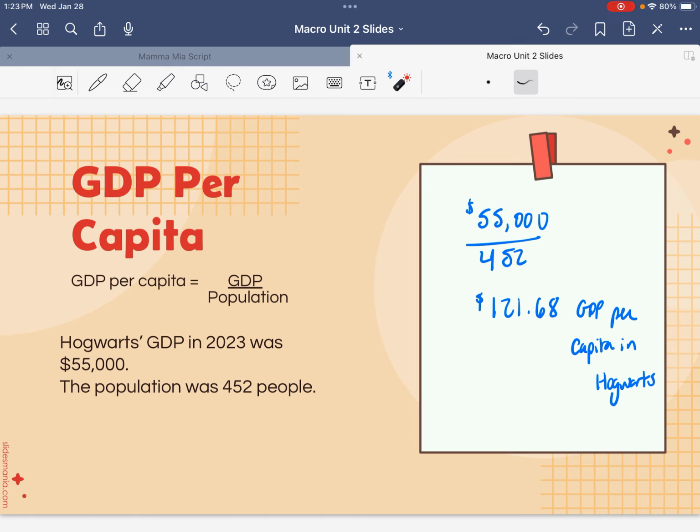Now, GDP per capita is considered to be a really good measurement of standard of living within a country, but it doesn't mean that everyone has $88,000 worth of stuff to contribute, that their quality of life is high, or that the wealth per citizen or average income is that high as well. So there are limitations to GDP per capita.